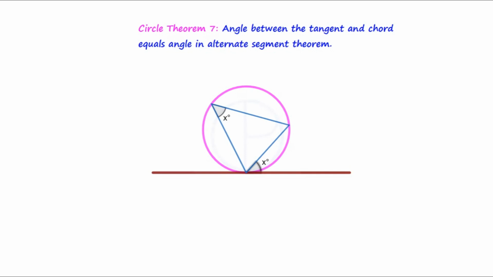Suppose the angle between the tangent and chord is 48, then the angle in the alternate segment is also 48. If we change the angle between the tangent and the chord, see the corresponding angle in the alternate segment also changes.